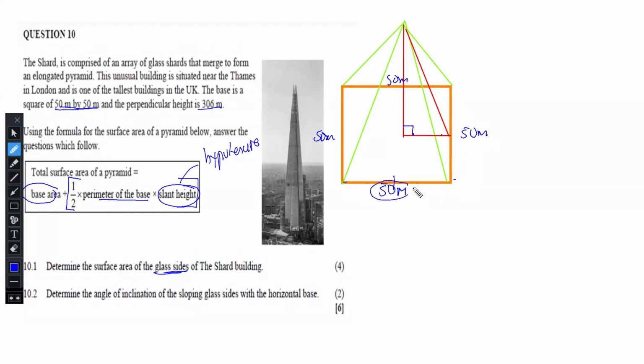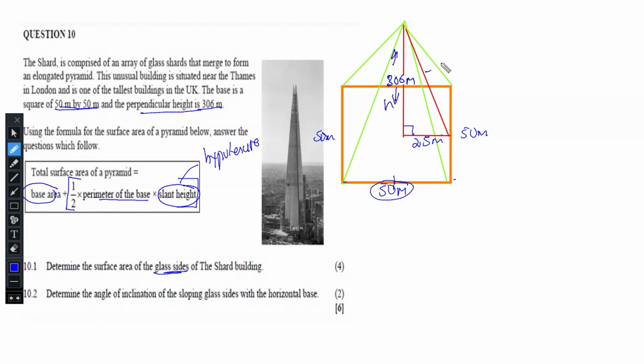So if we have 50 meters, then this is supposed to be 25 meters. And about the height, we were already told that the perpendicular height that we had drawn here is 306 meters. You get that? So this is the height, h.